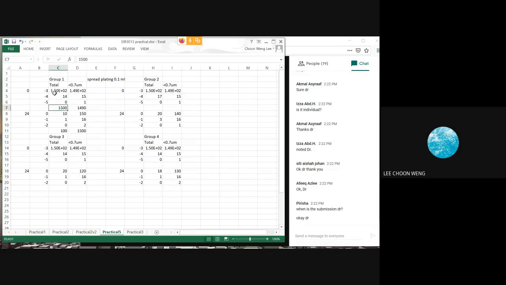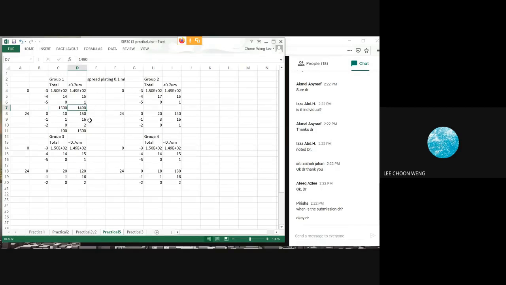Oh no, this is higher because this is power 3. So 1500. So you have this kind of counts.